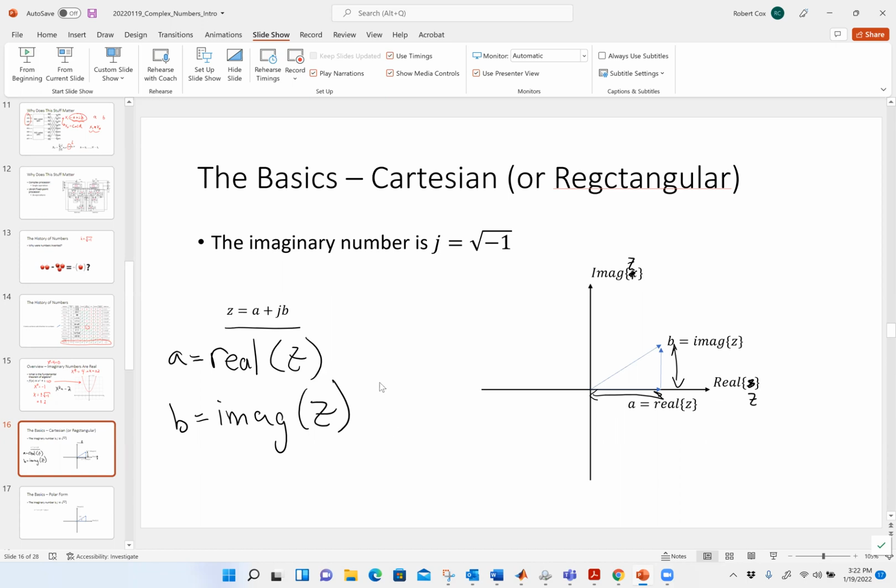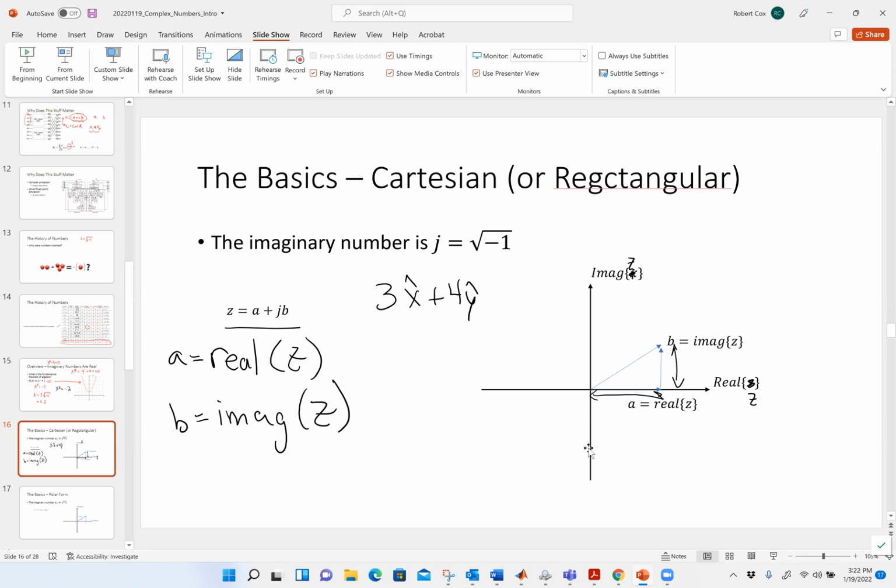The way I think about looking at this in a complex plane is that it's just like thinking about vectors in physics. So in physics, what happens if I have 3x hat plus 4y hat? How would you draw that vector? Just a normal vector going up to the right.